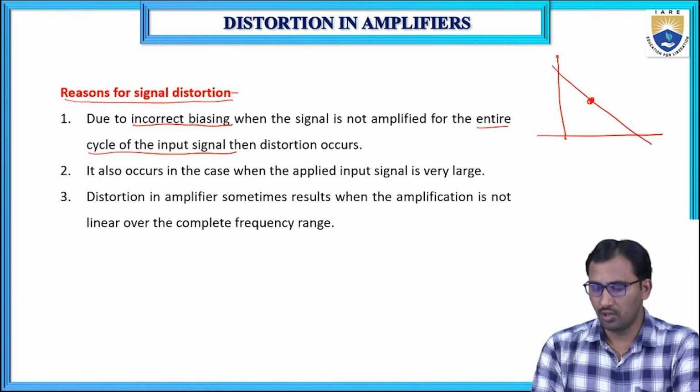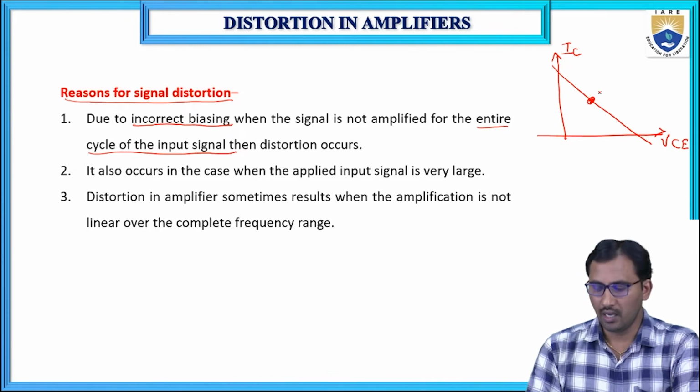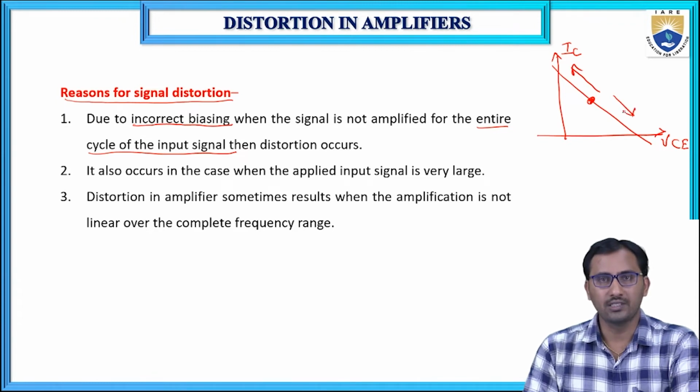See here, this is a DC load line. It is drawn between VCE versus IC. So if the operating point is located at the center, then you will get faithful amplification. Otherwise, if the operating point is shifted upward or downward, then your output voltage might be affected. If the operating point is shifted upward, then the positive peak of the output may clip off.